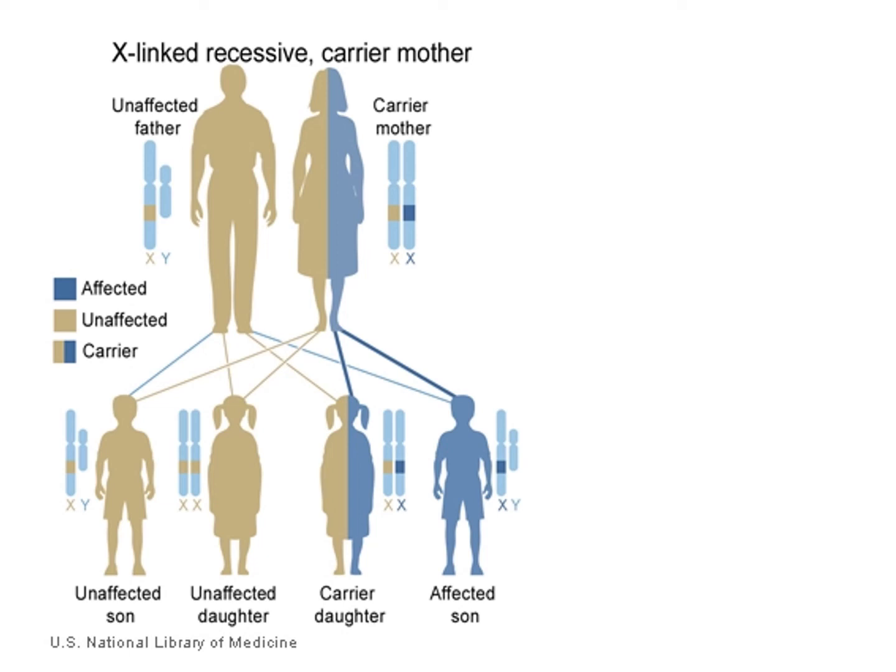She inherited an X from both dad and mom, and recall that dad only has an unaffected X to give, so she is protected by his dominant version of this allele on her dad's X. So she's not going to have the disorder either, but from her mom, she had a 50-50 chance, and she inherited the affected recessive version of her mom's X. And so from her mom, she got the blue X. From her dad, she got the tan X. And she's called a carrier because while she doesn't have the disorder, she could, through that affected X, pass it on to her children someday.